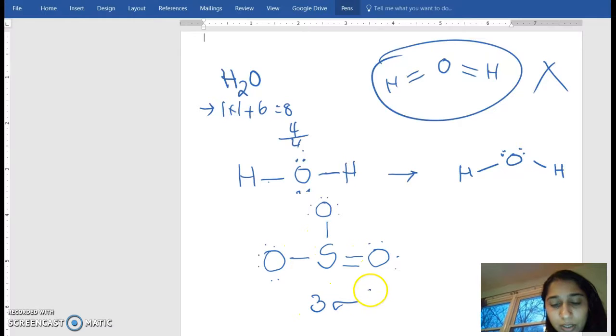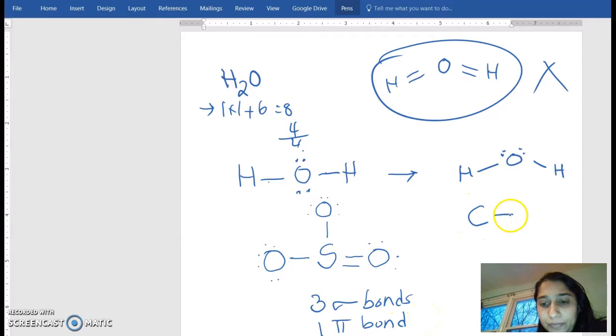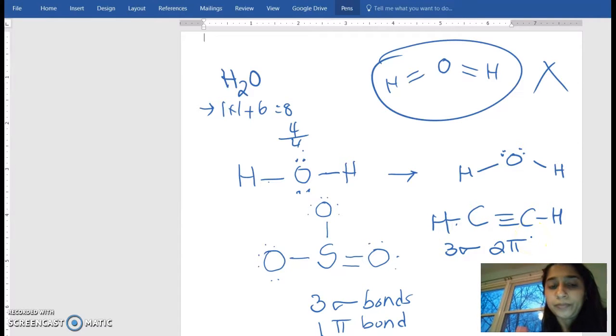So 3 sigma bonds and 1 pi bond. How about this one? I have 1, 2, 3 sigma bonds, 2 pi bonds.